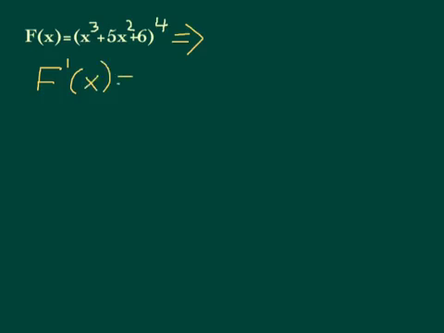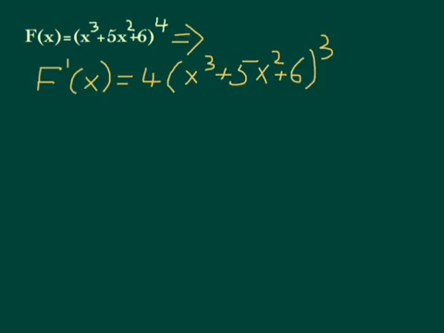So first we find the derivative of the external one. It's 4 times all the stuff that's inside, no change, to the power of 3, just as if we were doing a regular power.